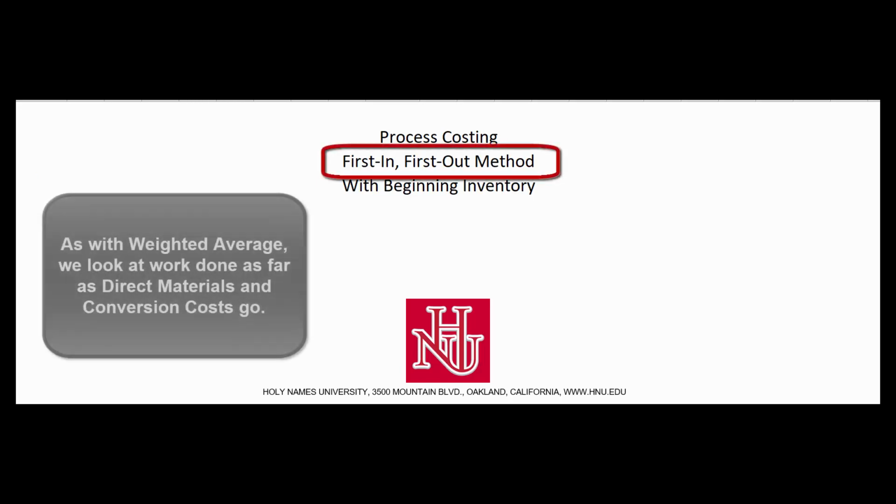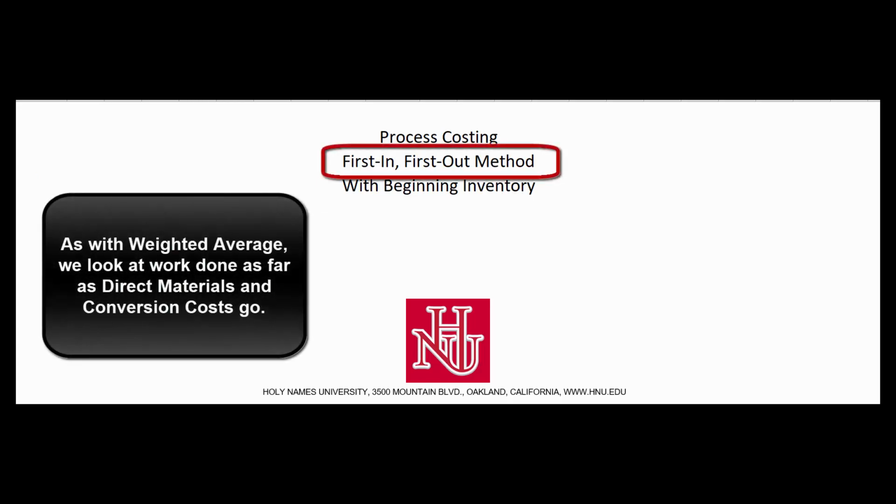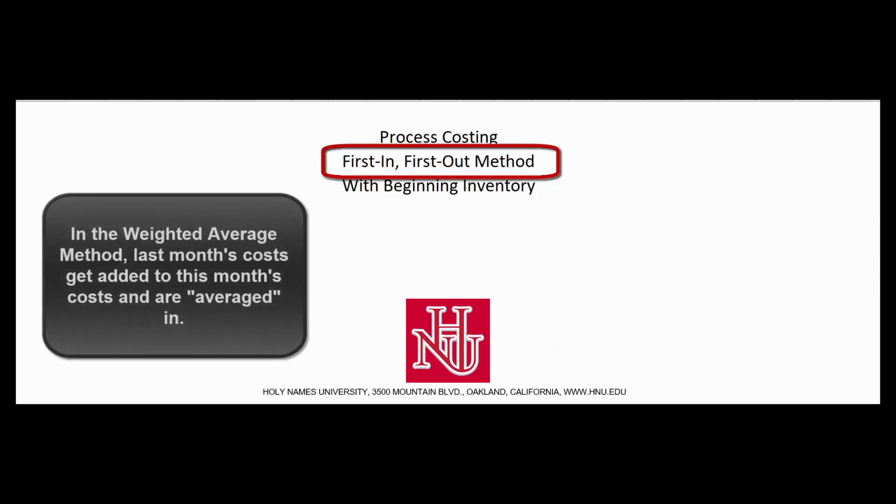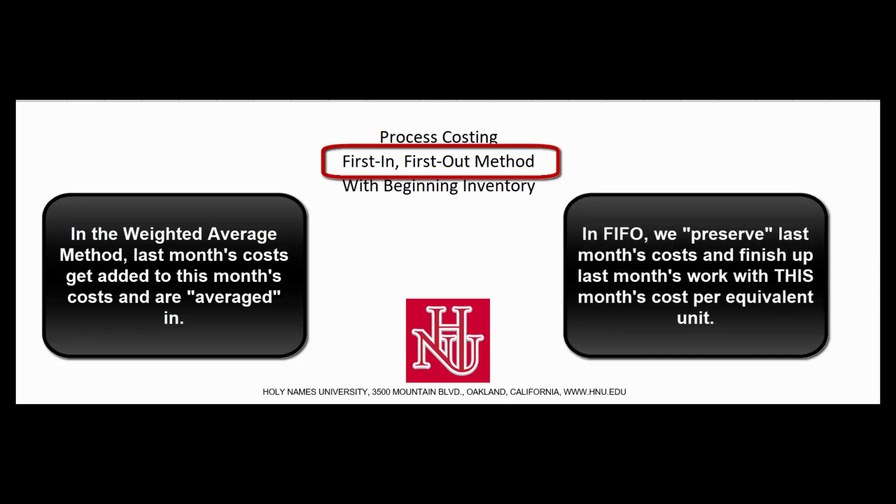So just like weighted average process costing, we're going to look at our work in terms of direct materials and conversion costs, and we're going to refine it by looking at equivalent units worth of work. The difference is that in the weighted average method, last month's costs get weighted in and averaged with this month's costs, where under the FIFO method, we assume that the first thing we do every month is finish up last month's work using this month's costs.